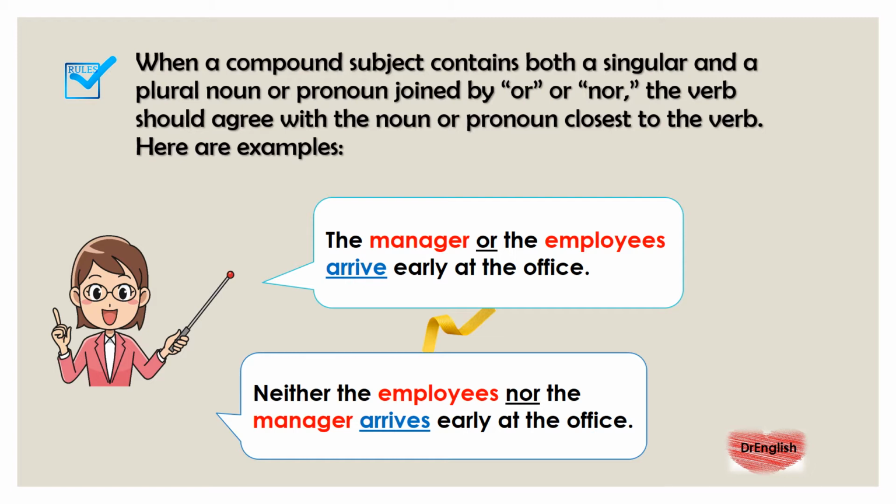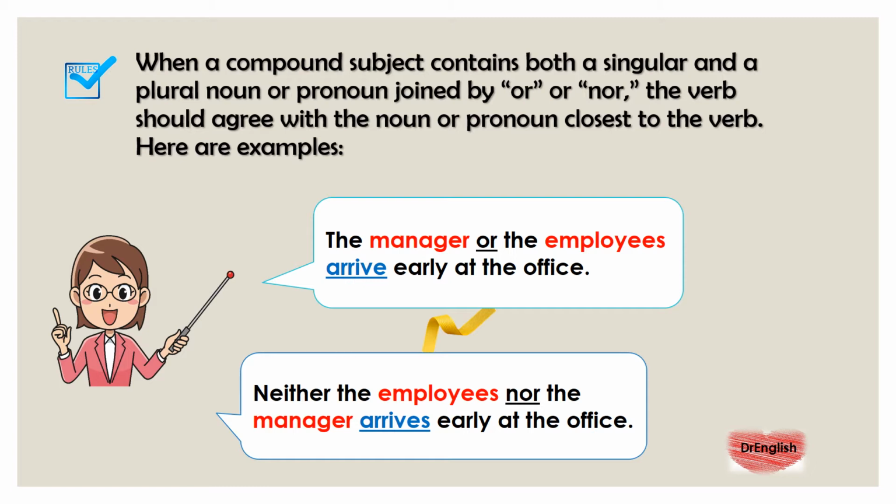In the first sentence, the manager or the employees arrive early at the office. As you can see, there are two nouns. One is singular and the other one is plural. Manager is singular. Employees is plural. How are you going to decide what the verb should be?